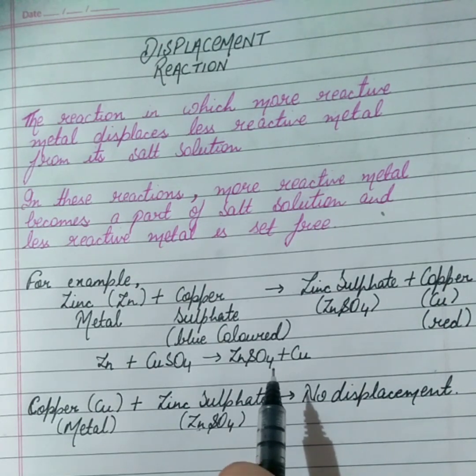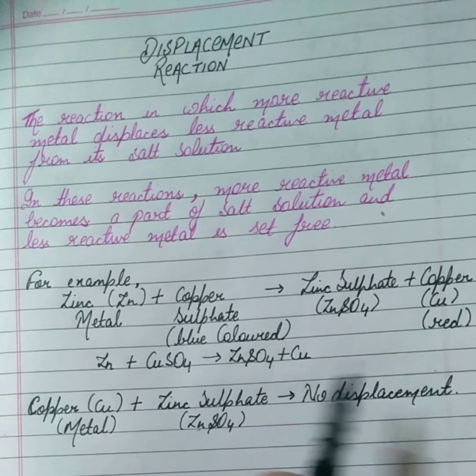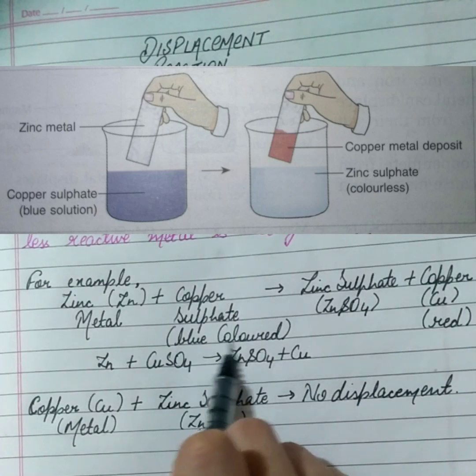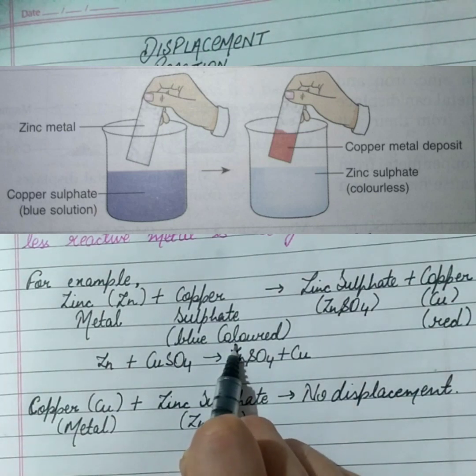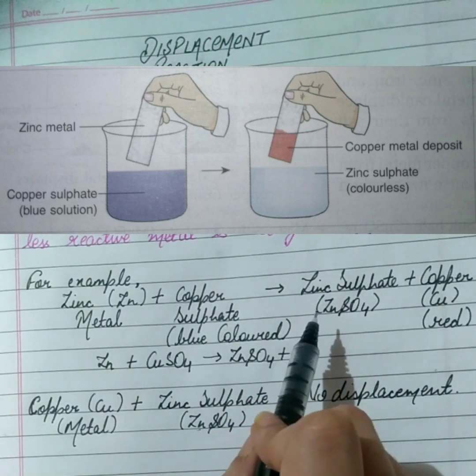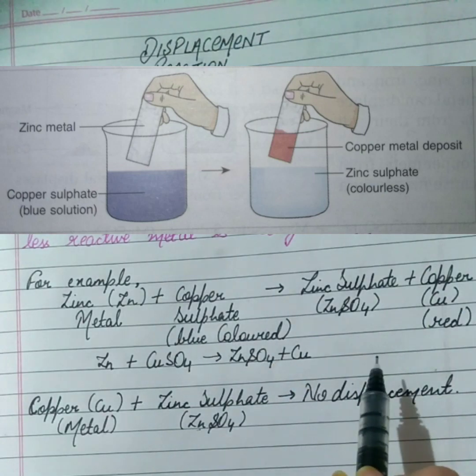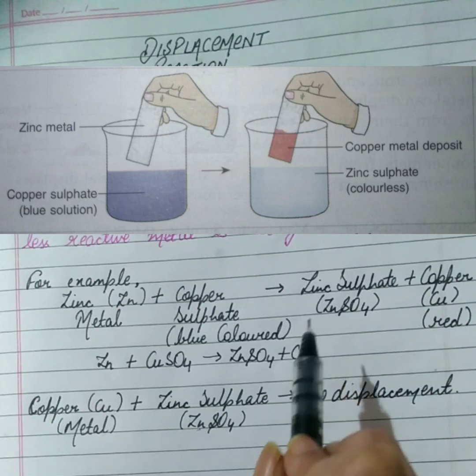Students, we can also show it in this particular form of activity. What happens in the activity? See, when a strip of zinc is placed in blue colored copper sulfate solution for some time, the blue color fades gradually. What does it become?